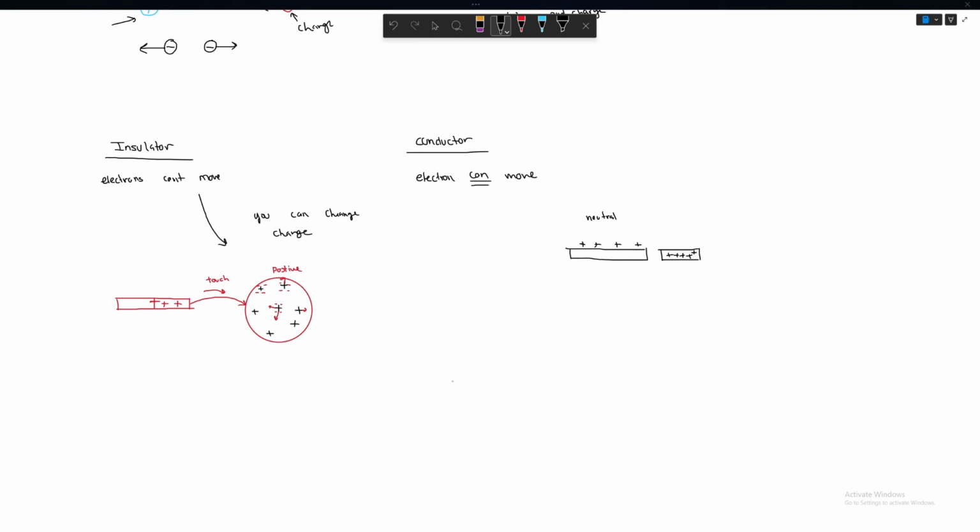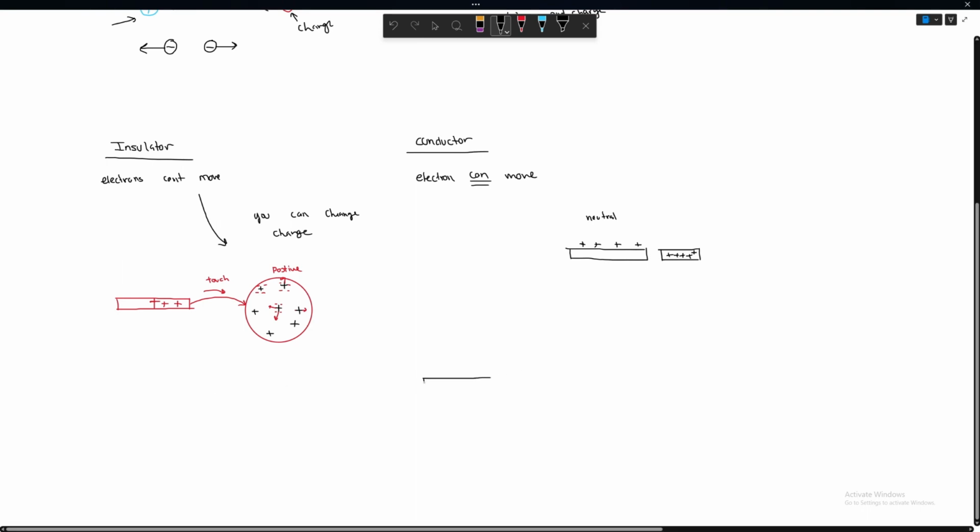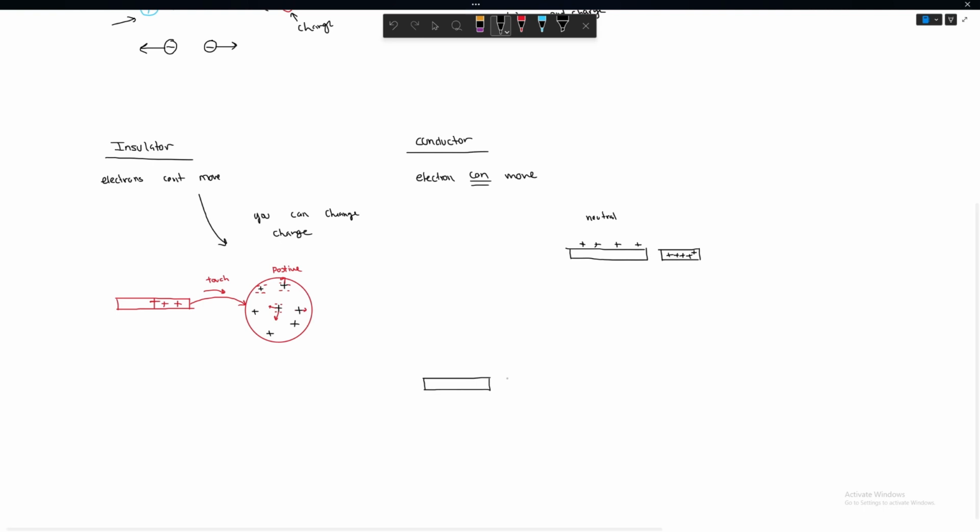So when I take an insulator, and it's neutral, and I tap it with a very negative rod, the electrons can't move inside, so they'll actually stay on the outside because they can't move in the insulator.